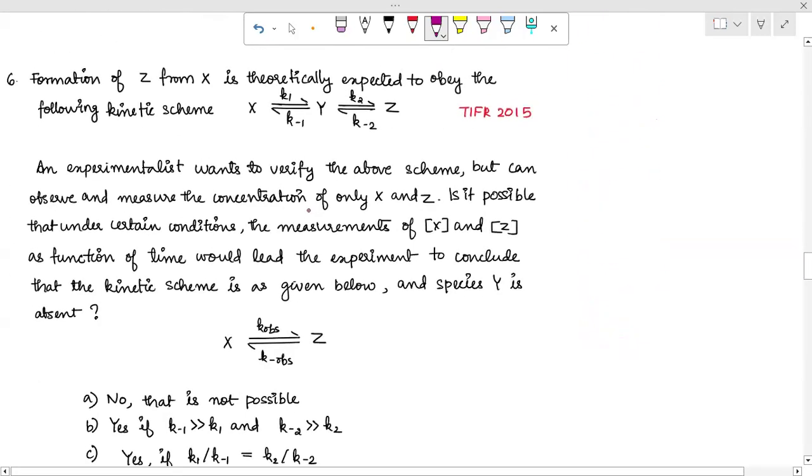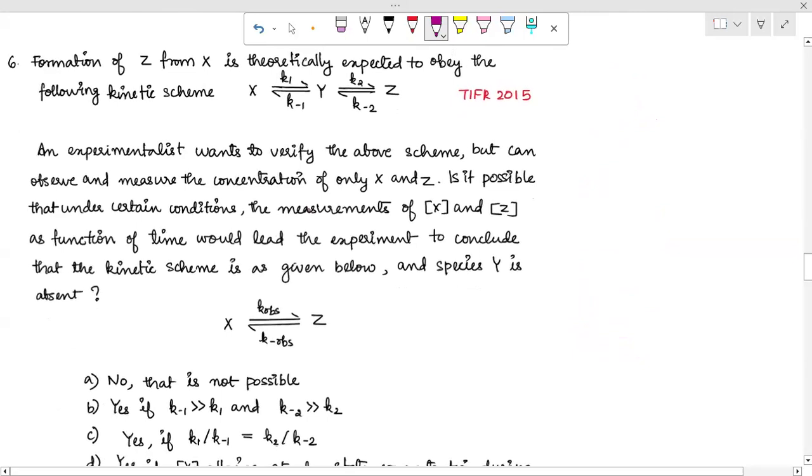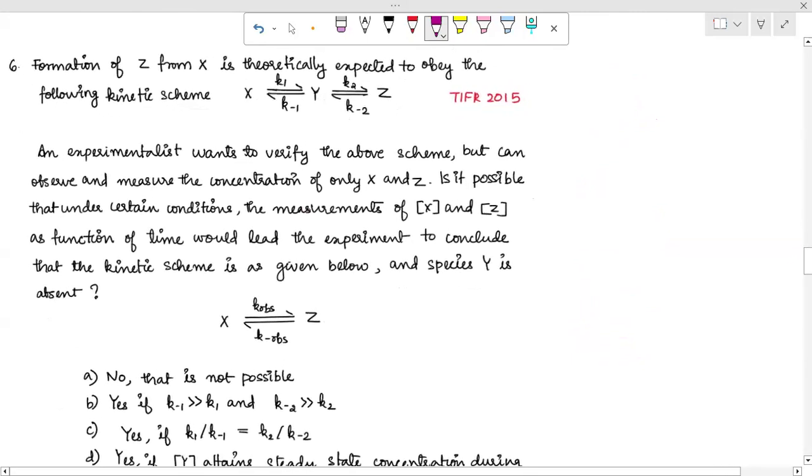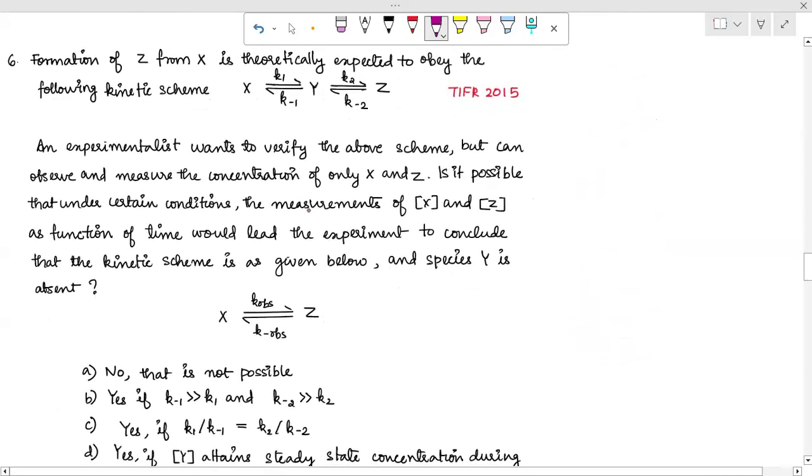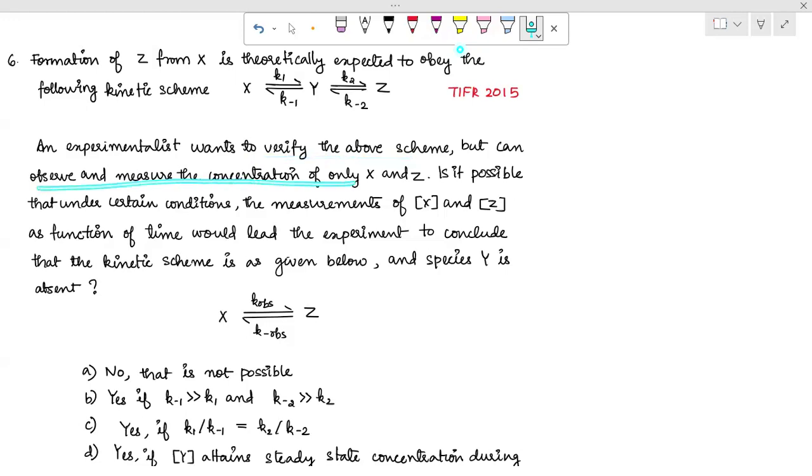Very good. This question is a bit lengthy, but very easy. It's a statement type question. Let's read the question. The formation of Z from X is theoretically expected to obey the following kinetic scheme. So there is a scheme where X forms Y and then Y forms Z in a reversible manner. An experimentalist wants to verify the above scheme but can observe and measure the concentration of X and Z only.